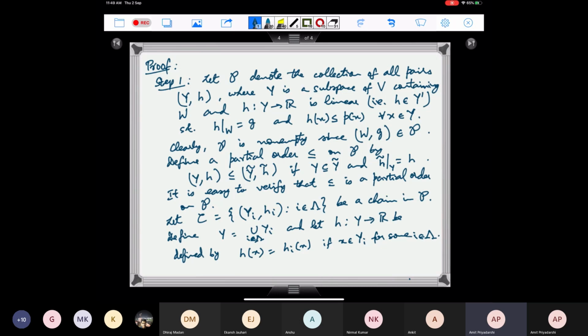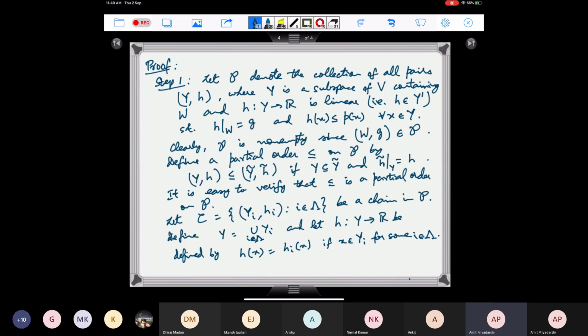So using that, you can prove that this Y is a subspace, and this h is linear also you will have to prove, and then you have to see that this (Y, h) is an upper bound for this chain C. So these are the things that need to be verified.